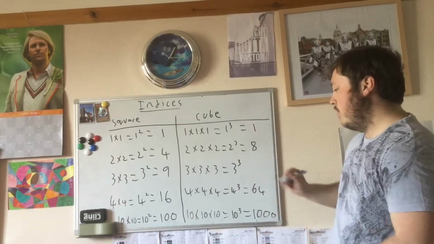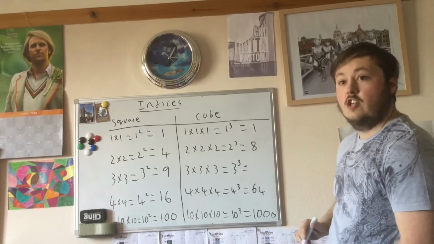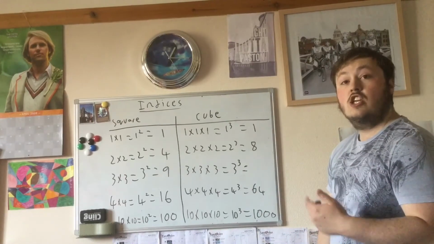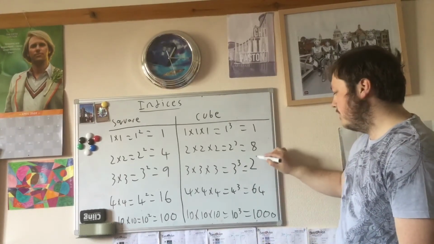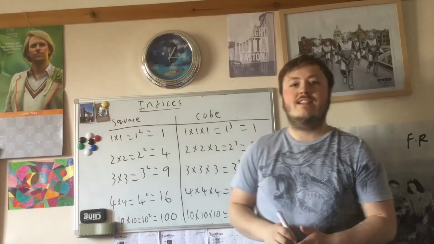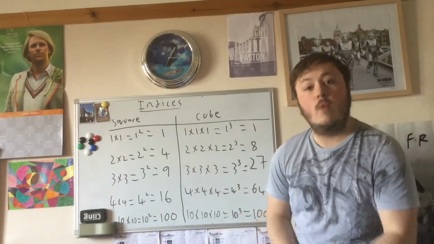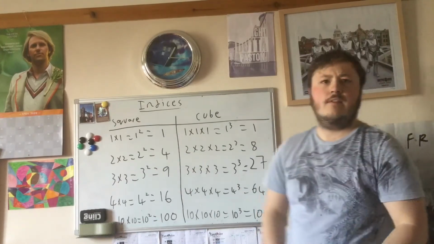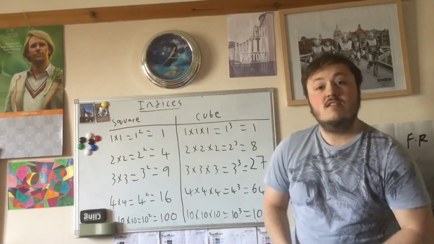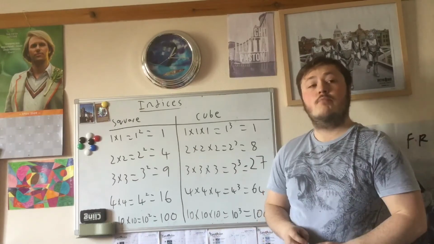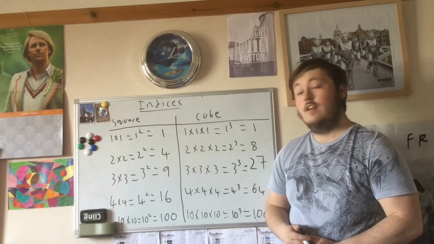So what would 3 times 3 times 3 get you? AKA, what's 3 cubed? That will get us 27. So indices can help us a lot by figuring out square numbers, cube numbers, and a lot of other different numbers.